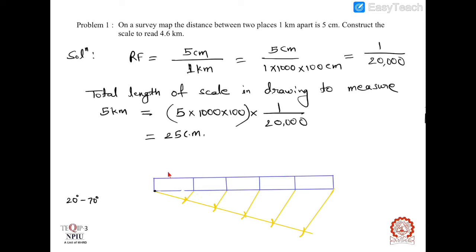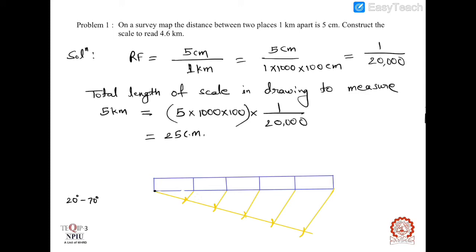From this scale you can measure with the least count 1 kilometer. You can measure 1, 2, 3, 4, 5 kilometer, but you cannot measure 1.2 kilometer, 3.5 kilometer, like that. So we need to divide the first part into equal number of parts so that we can measure 4.6 kilometer.